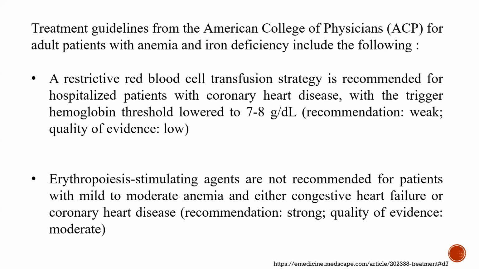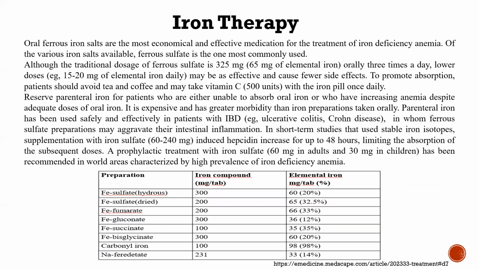Erythropoiesis-stimulating agents are not recommended for patients with mild to moderate anemia and either congestive heart failure or coronary heart disease. Oral ferrous iron salts are the most economical and effective medication for the treatment of iron deficiency anemia.